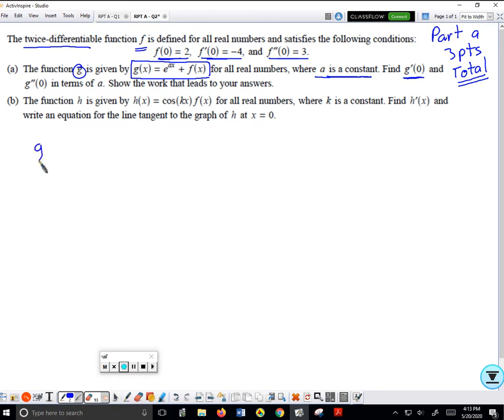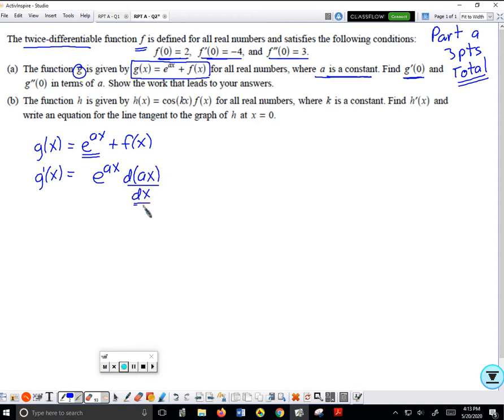So G of x is e to the ax plus f. Therefore, G prime of x, the derivative of e to the something is e to that something multiplied by the derivative of the something.